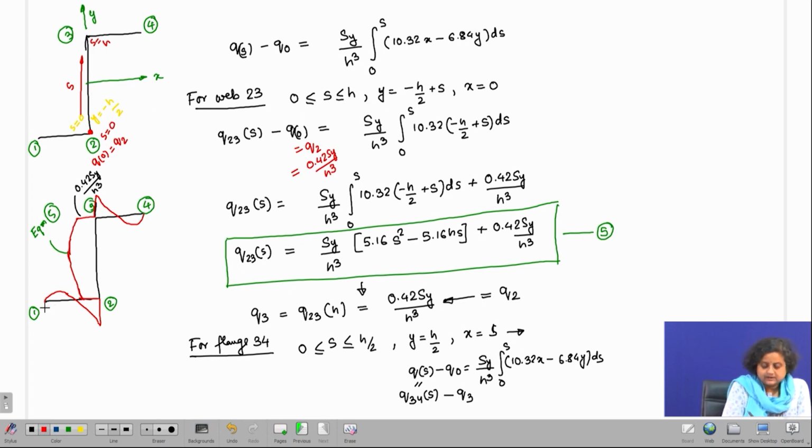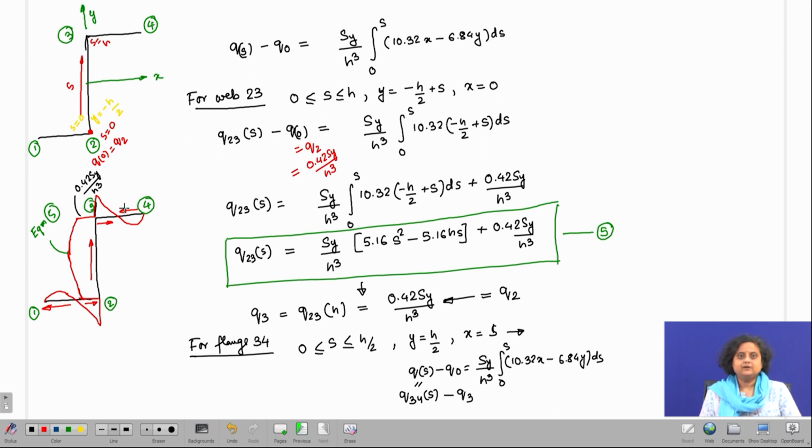If I draw the direction of the shear flow, the first portion has shear flow in this direction, the second portion has shear flow in this direction, this one in this direction and this one. So, either I can find out in a long way by solving all these equations for portion 3-4, or we can use the antisymmetric condition and find out the shear flow distribution in the flange 3-4.